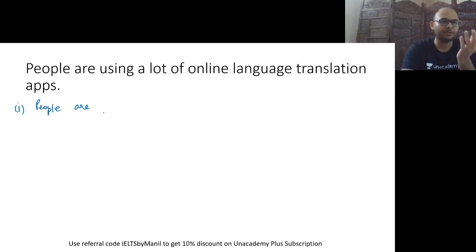Well, can we replace using with something? Probably we could go for something like people are downloading. Okay, I mean, in this case, downloading pretty much means using, but is there a better one? Let's think. People are using a lot of.